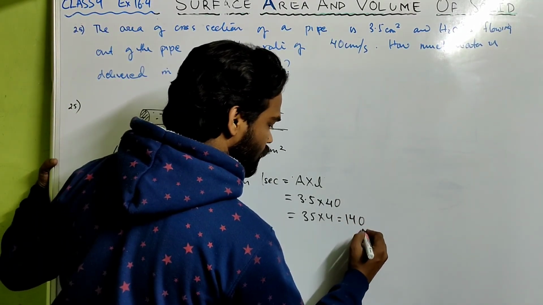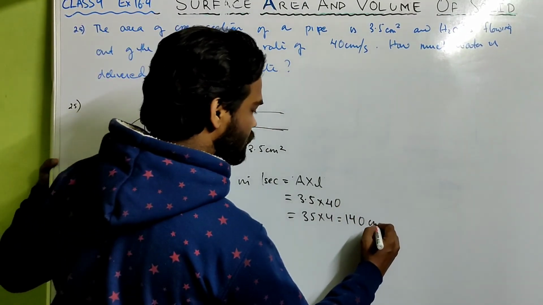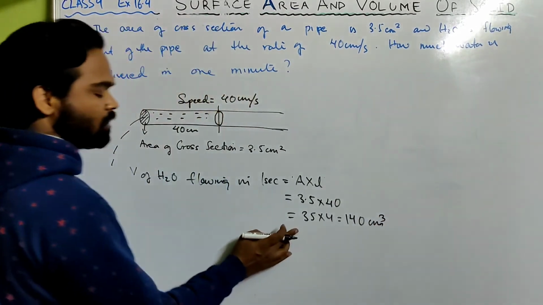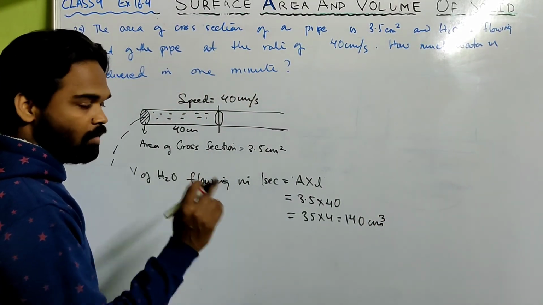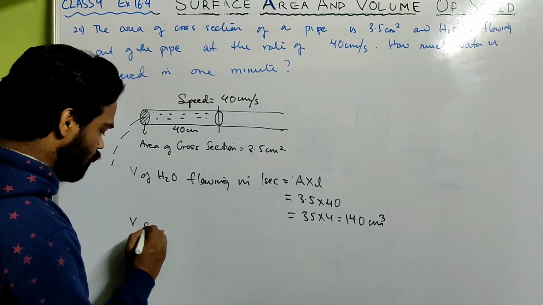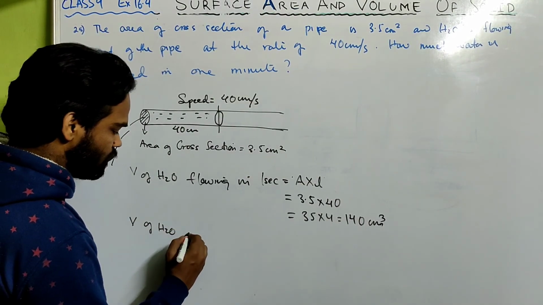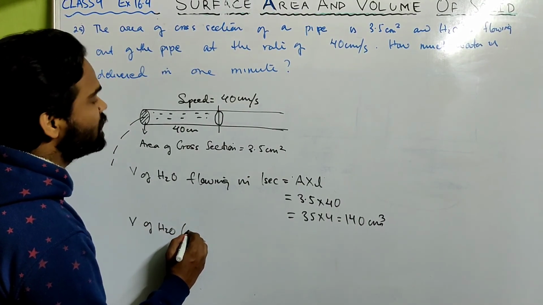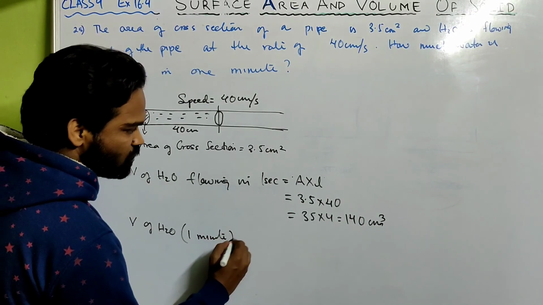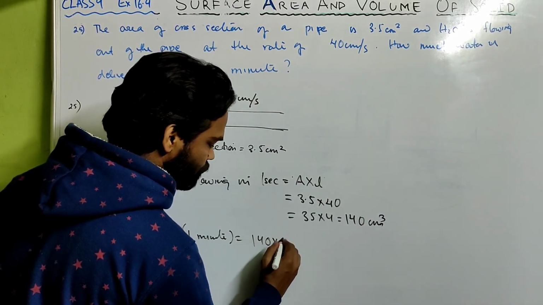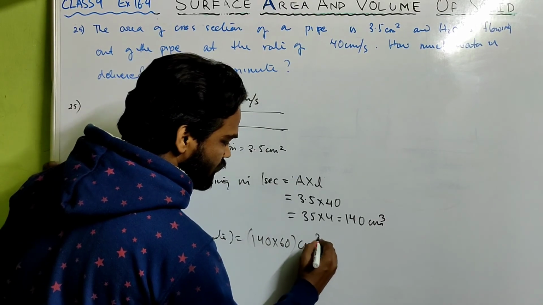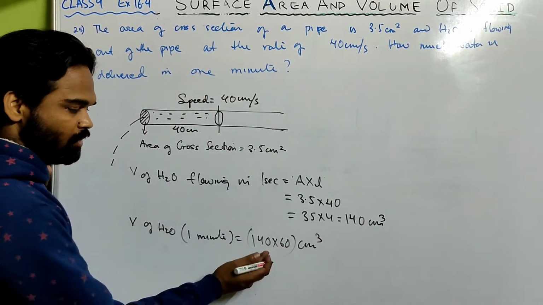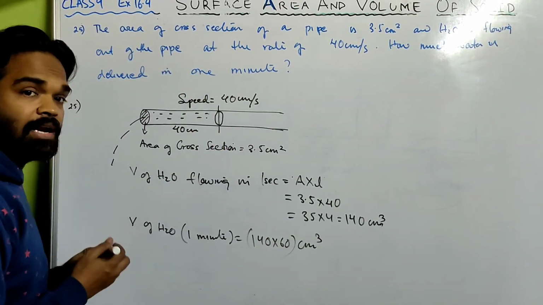That's 140 centimeter cube. So this much of water comes out in 1 second. So volume of water flowing in 1 minute, they have told. We'll just multiply this by 60. That much centimeter cube. You can leave the answer like this, or you can give the answer in liters.